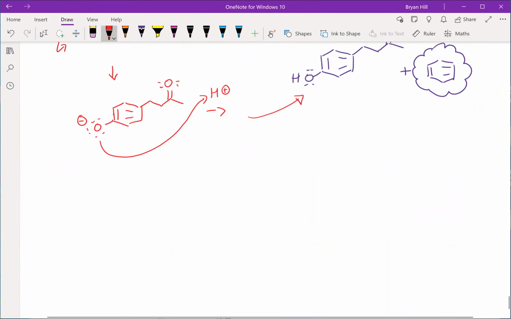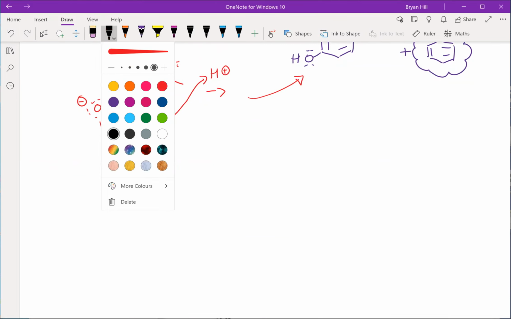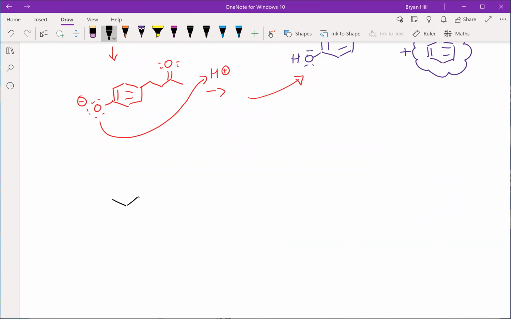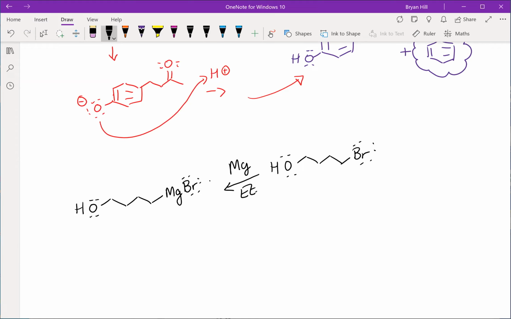It becomes a bit more tricky if you wanted to make a Grignard reagent like this, and you started with species like this, and you wanted to put in magnesium and ether to make that and use this in your reaction.